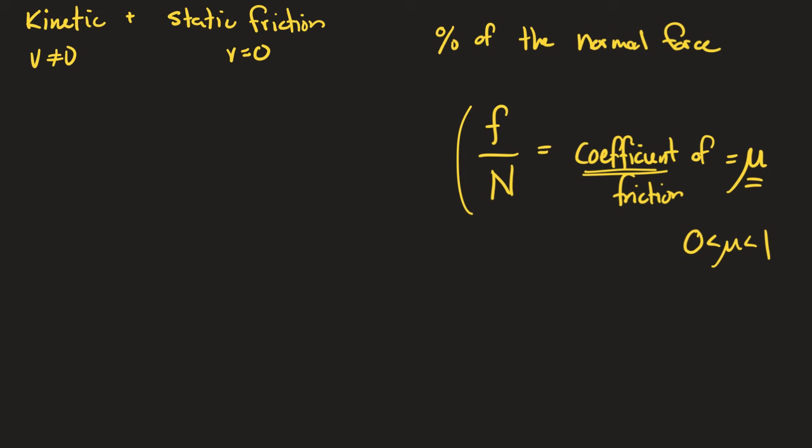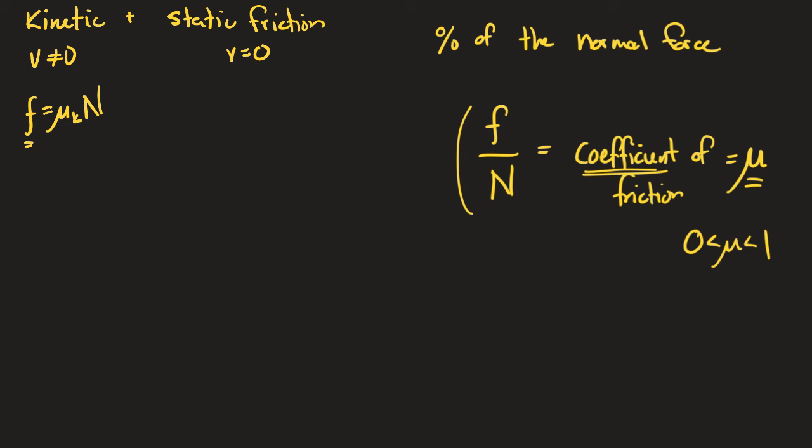The distinction is that the coefficient of kinetic friction is a straightforward value in that once you break static friction and you are sliding, we tend to treat friction as a constant, which is good.